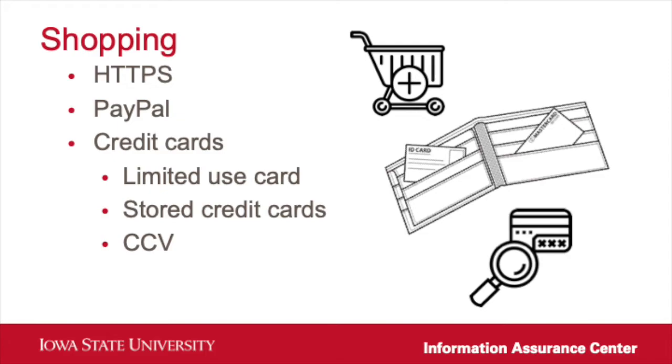So shopping is another big issue. That's what we tend to use the internet a lot for, especially in this COVID-19 era. It's estimated that almost 2 billion people worldwide use the internet for shopping. I think that number has gone up significantly in the last couple months.